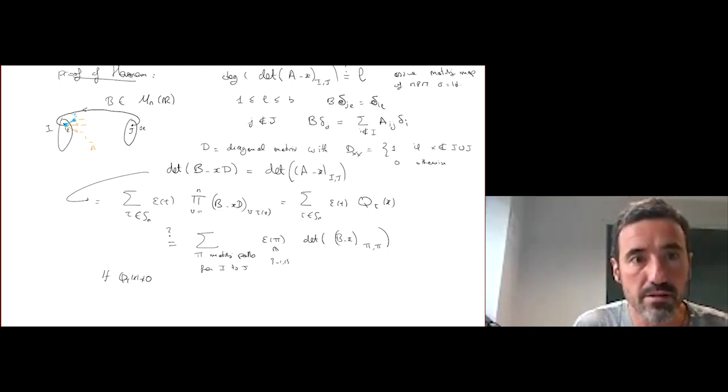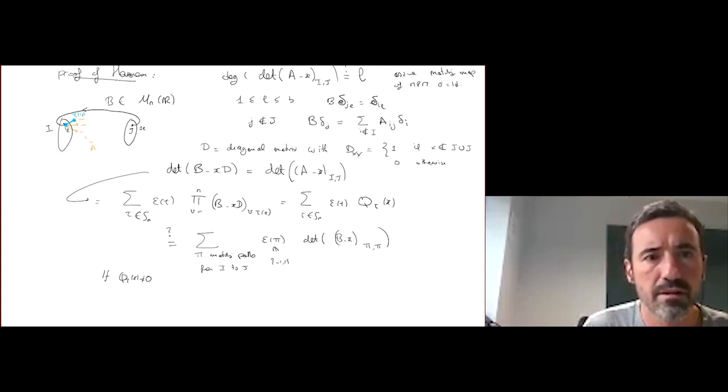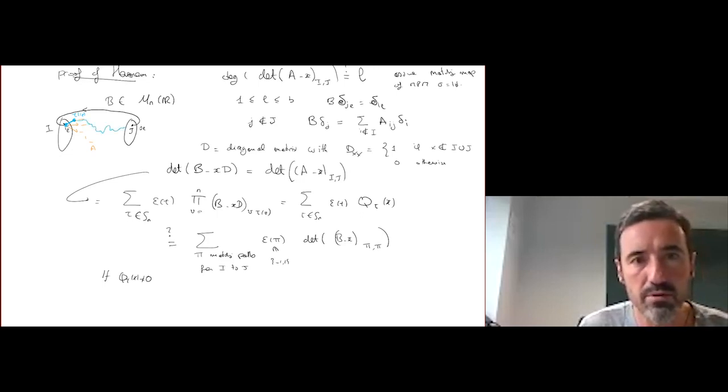And then tau of IL will be a neighbor of IL and so on. Then you will continue. At some point, you will reach an element of J. I follow the successive iterations, so this is tau squared of IL, tau cubed of IL, and so on, and I arrive at tau to the power PL of IL, which is some element J of sigma L, where sigma is some matching. Okay, and I arrive here in J.